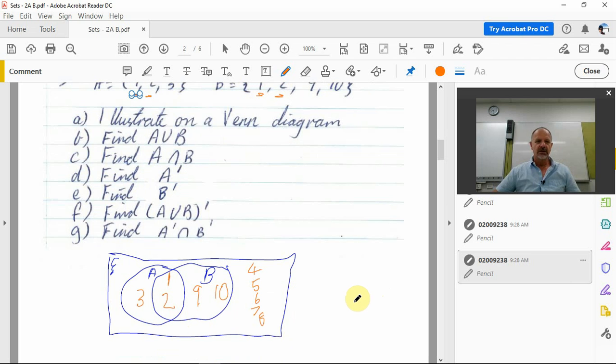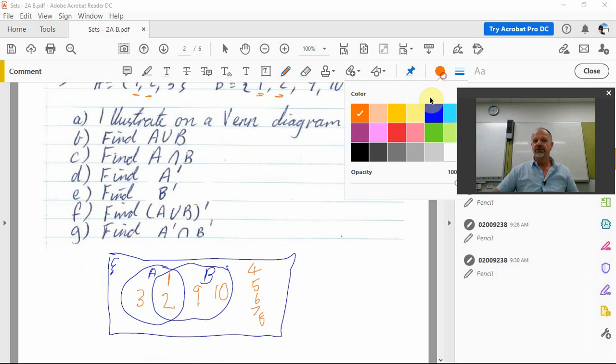All right, so now we've got that, we can now write the answers to those questions. And so A union B, so union, the kind of funny looking U, that union means everything can be in A, it can be in B, it can be in both.